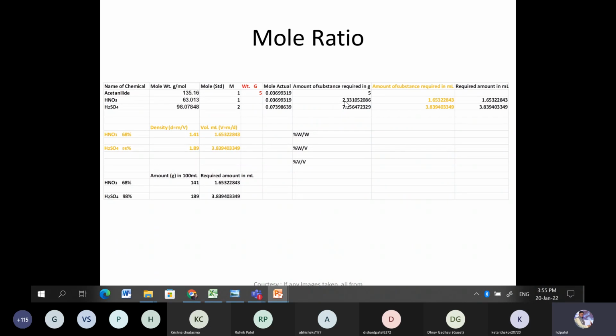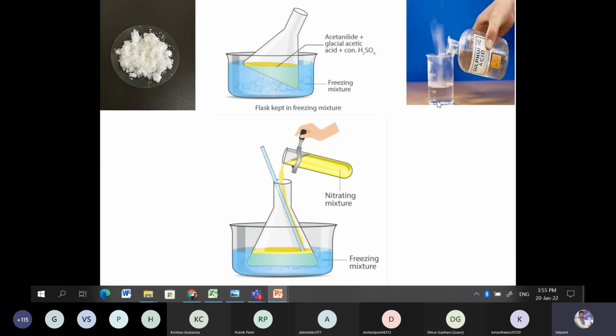So the mass we have is 2.233 and D is 1.41. So what will be the ml for the required reaction? 1.6 ml for nitric acid and 3.8 ml for sulfuric acid. So based on that we now have the ml. We have to use this mole ratio and start the reaction.